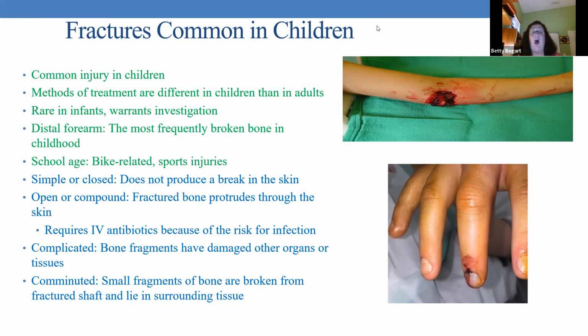If it is an open or a compound, it's the same word, they need to be placed on antibiotics. The risk for infection is great with the bone sticking out, so it could cause osteomyelitis. So these children will be on IV antibiotics for an extended time. Could be 4 or 6 weeks, depending, because osteomyelitis is very difficult to treat.